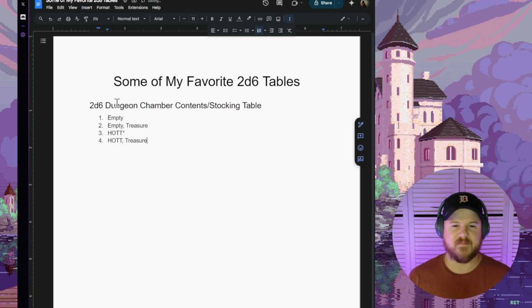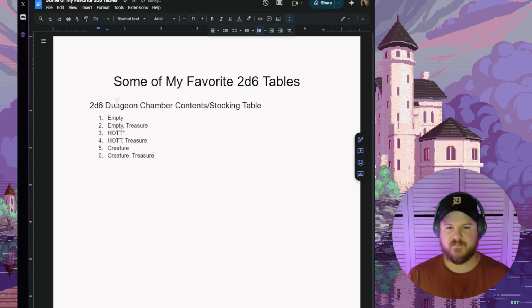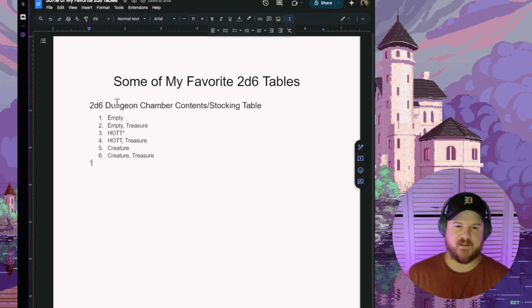Start to see a theme. This is creature. This is creature, plus treasure. And that's it. That's the table. So I roll twice on that table and combine the effects. We'll do a handful of examples in just a second to show you how it works.